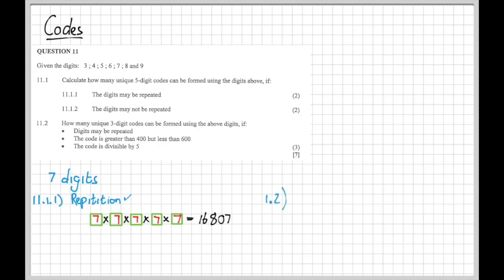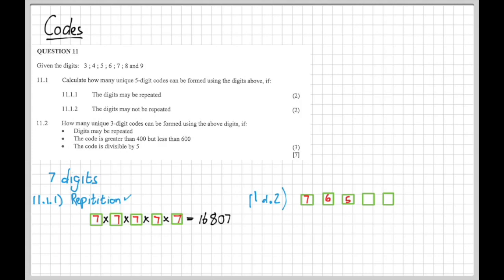If I look at the next one, 11.1.2, it now tells us the digits may not be repeated. So if we draw up our code, and you would see that I love drawings, I love visualizing what I'm going to do. In the first block, there's going to be 7. In the second block, there's going to be 6 options. Why?